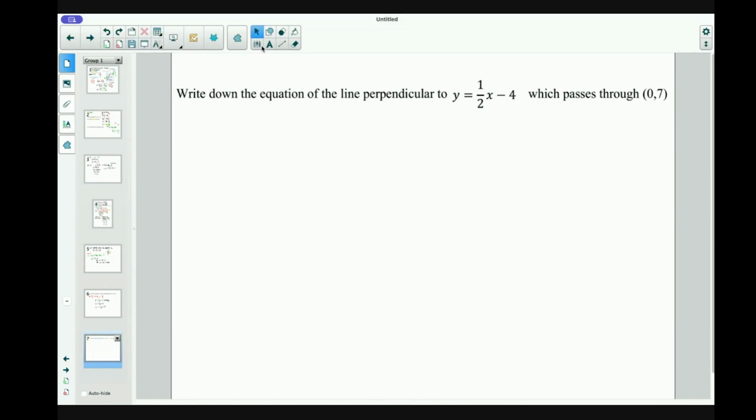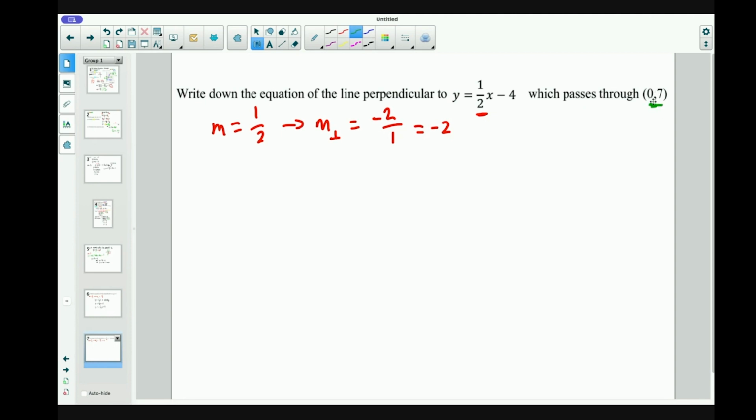So for those who are still working on it, we identified the original gradient as 1/2. So we can say that the perpendicular gradient, let's switch the numerator and denominator, and we'll make it negative. So negative 2 over 1 is just negative 2. And it passes through the point 0, 7.